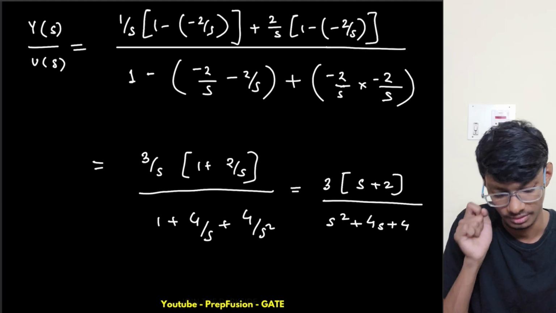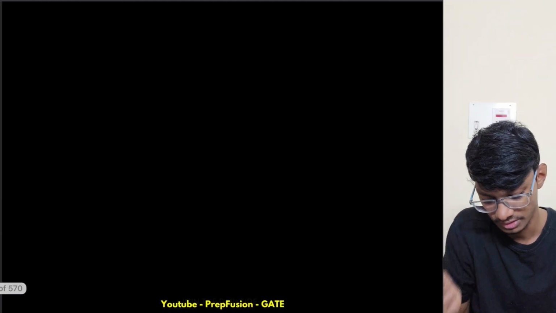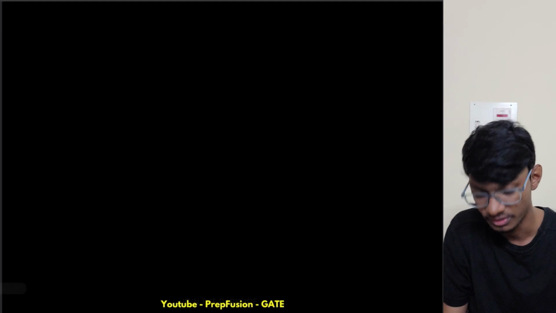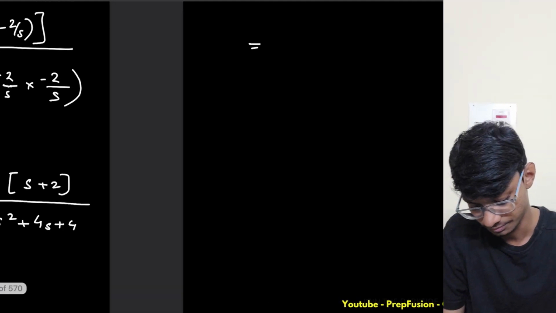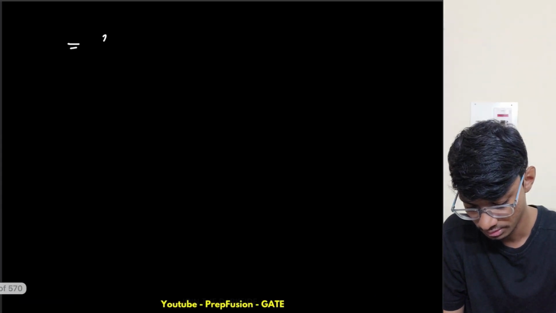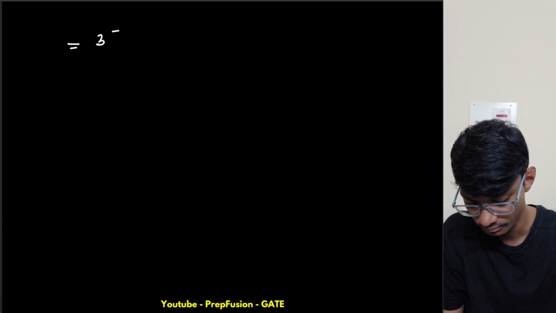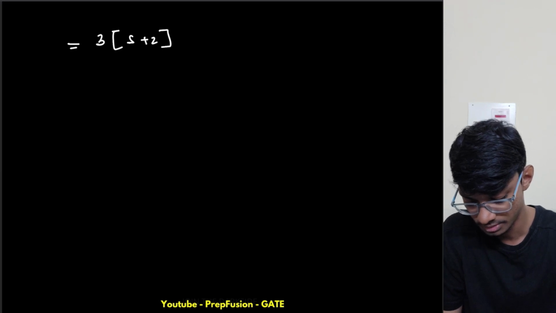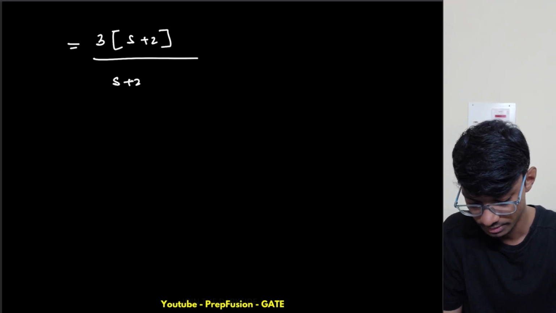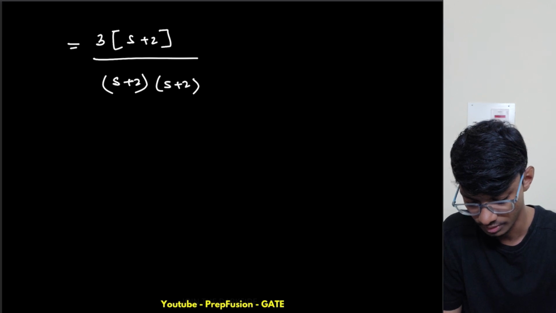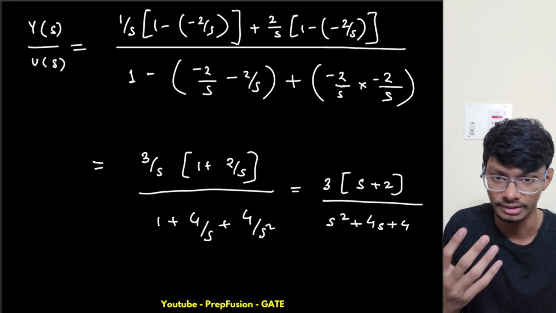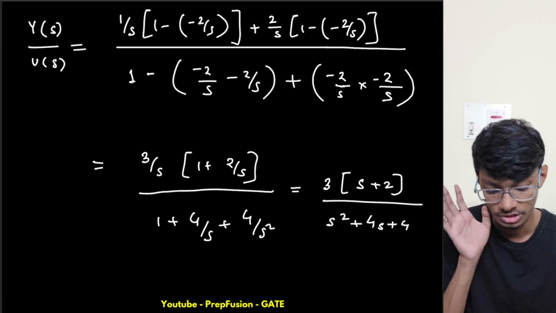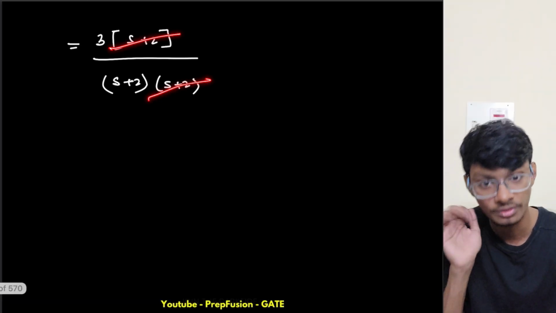Now do we see any pole zero cancellation? What is s square plus 4s plus 4? It is s plus 2 whole square. So this is 3 into s plus 2 divided by s plus 2 into s plus 2. Here I see that there is some pole zero cancellation, right?